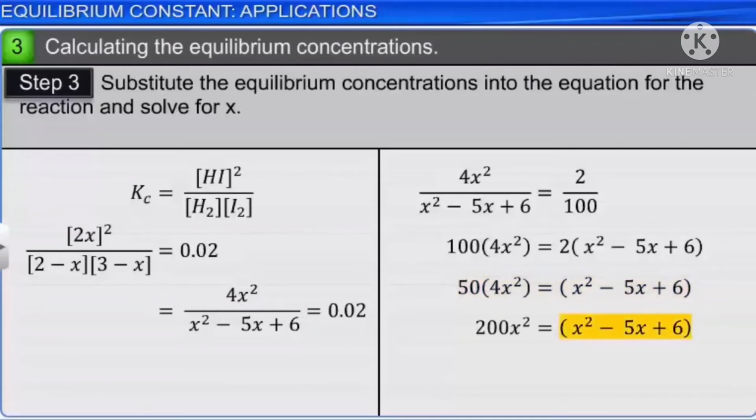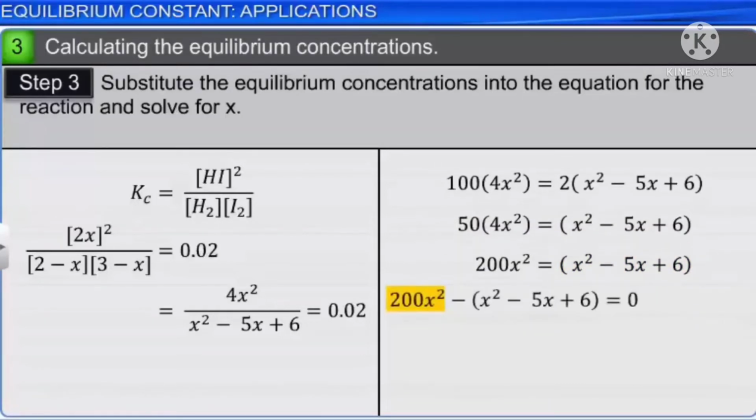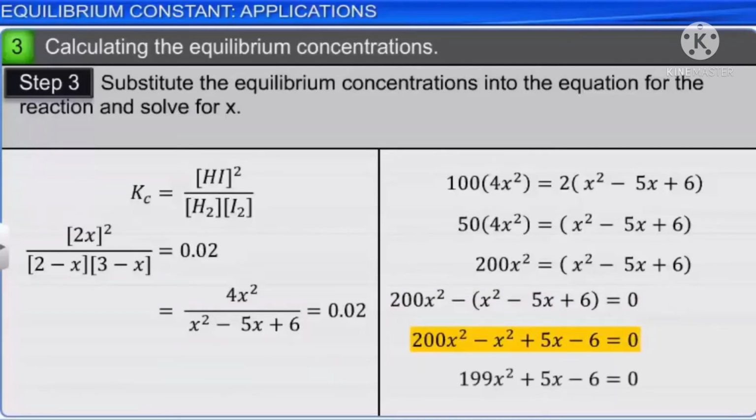This equation can be written as 200x squared minus x squared minus 5x plus 6 is equal to 0. This becomes 200x squared minus x squared plus 5x minus 6 is equal to 0, which is equal to 199x squared plus 5x minus 6 is equal to 0.